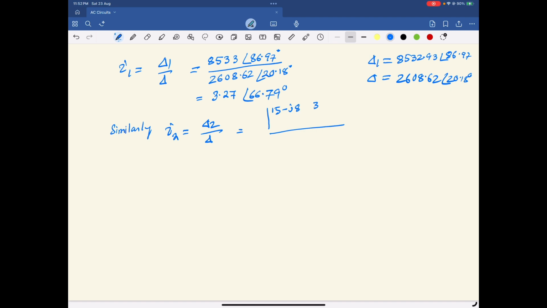This way you can directly write down the matrix and you can solve it. Now I am replacing for del 2, replacing the middle column with the voltage matrix.